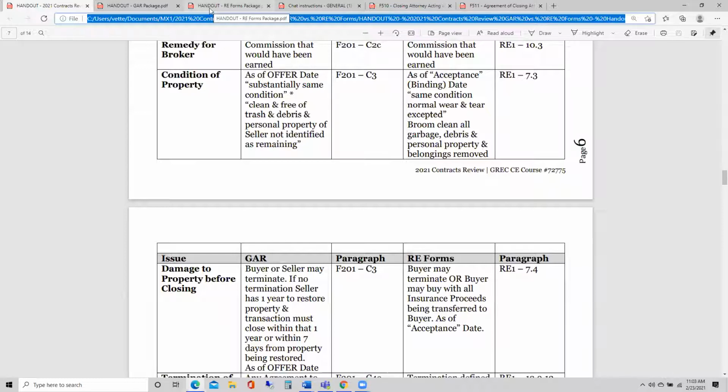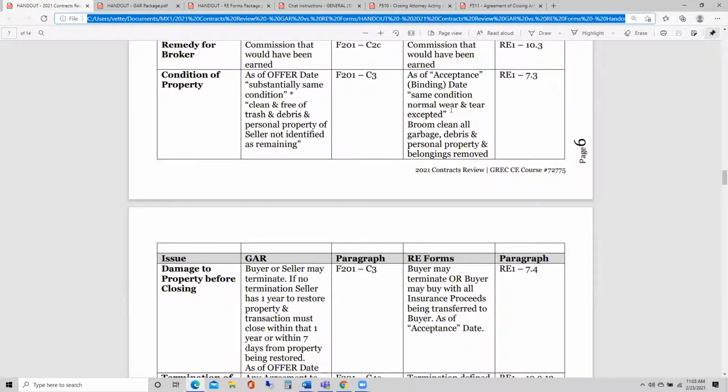In the RE forms, it says that the property as of the acceptance date or binding date shall be in the same condition, normal wear and tear accepted, broom clean, all garbage, debris, and personal property removed.